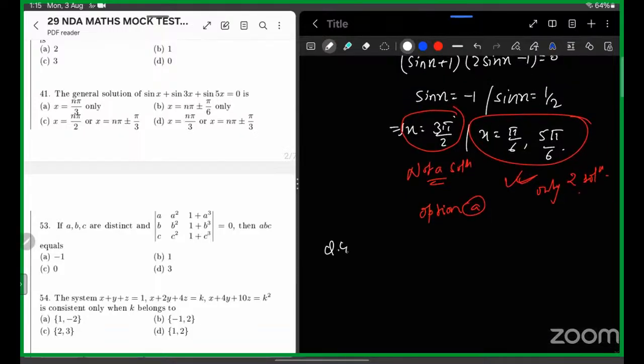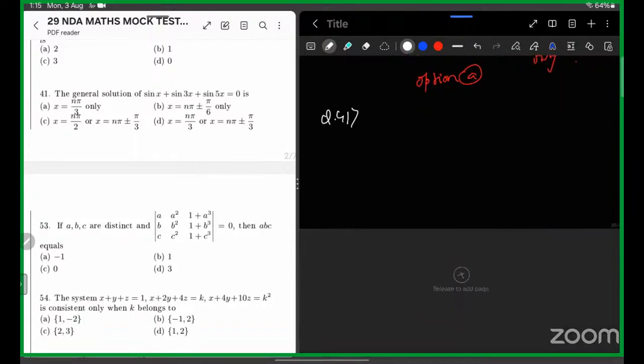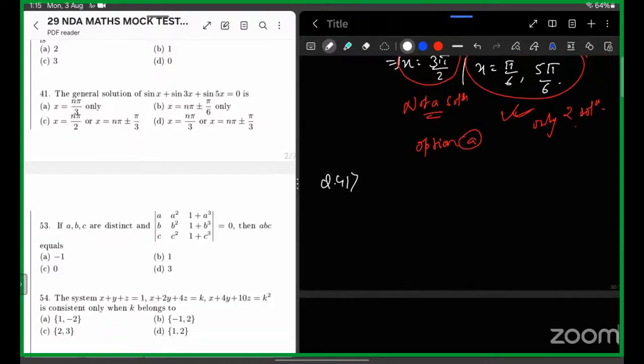Let's go to question number 41. General solution of sin x plus sin 3x plus sin 5x is equal to 0. What is your general solution? Sin x, sin 3x, sin 5x equal to 0.